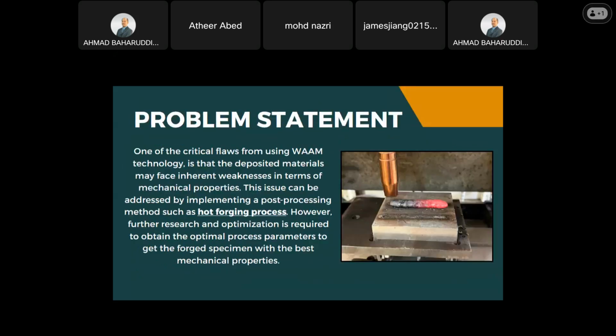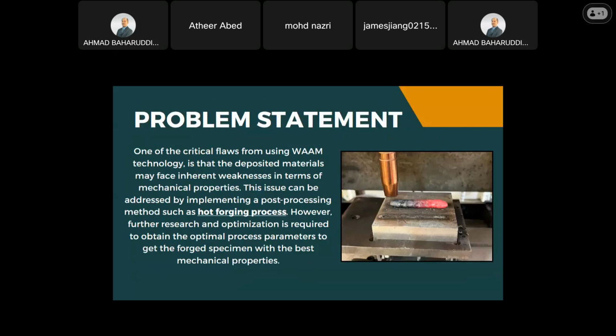Now, for the problem statement, like I mentioned earlier, WAM may have a few defects if we just do it normally without finishing processes. So one of the critical flaws of using WAM technology is that the deposited materials may face inherent weaknesses in terms of mechanical properties, such as internal pores inside the weld beads.